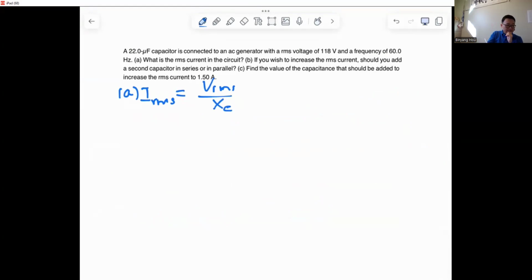In this case, XC is equal to 1 over 2 pi FC. So if we put that in here, it's over this whole thing, which means it will be 2 pi FC times VRMS.